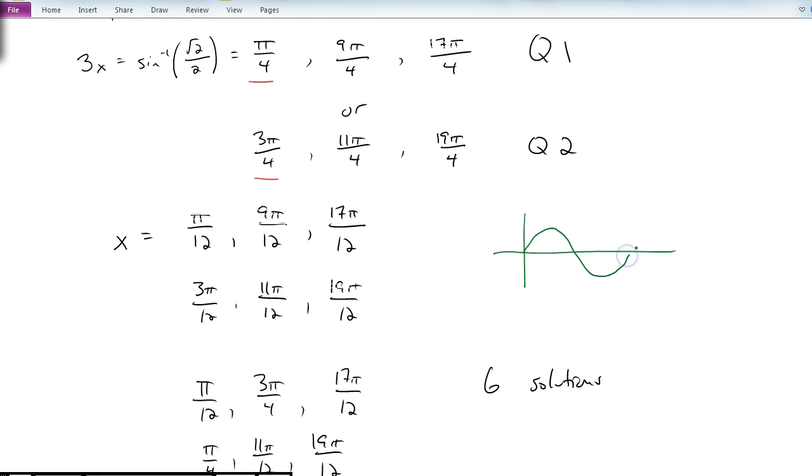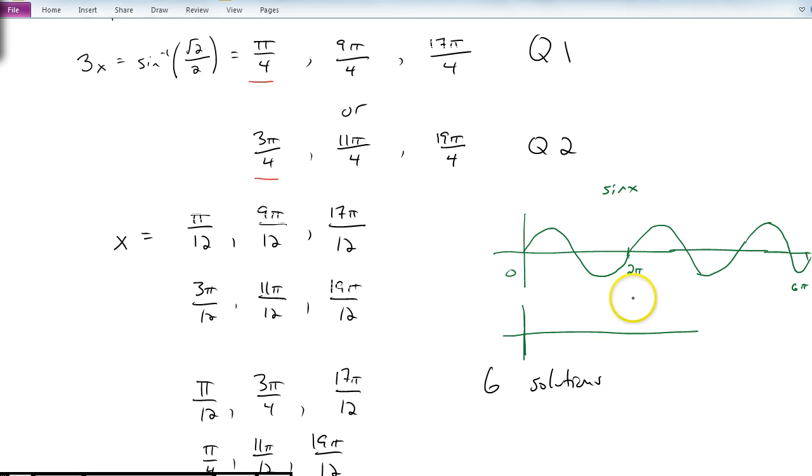And this should line up nicely with your idea of the sine of x having a graph like this. I'm going to draw 3 periods of it. Okay, so this is 0 and this is 6 pi out here. And then this is sine of x. And when I compress to be the sine of 3x, which is a horizontal compression, that's 2 pi.